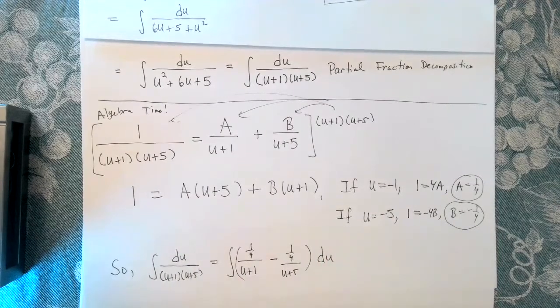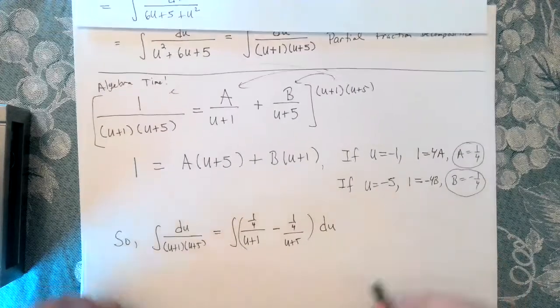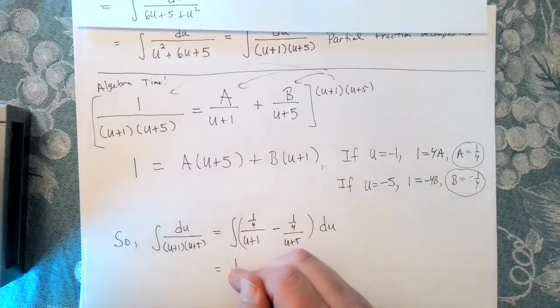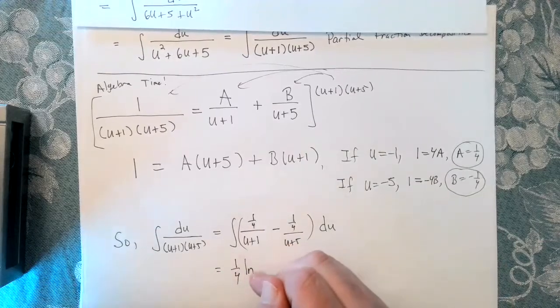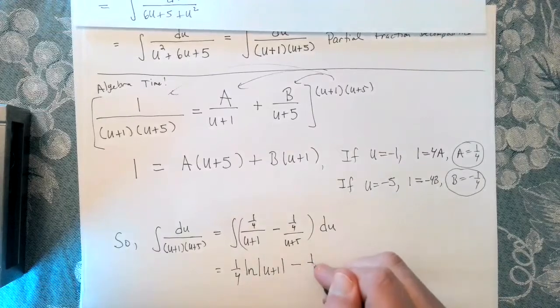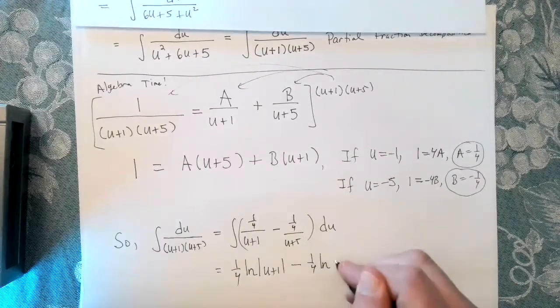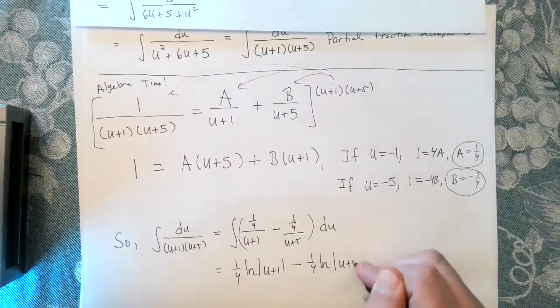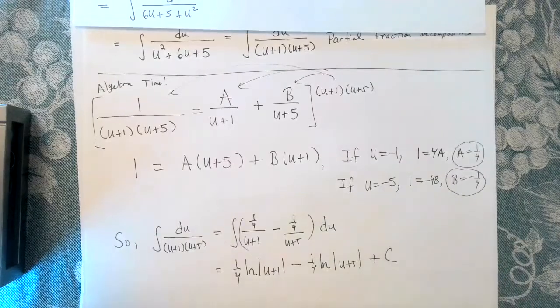So I'm hoping at exactly this point you recognize some natural log forms because the variables in the denominators are to the first power. So that means I've got 1/4 times the natural log of absolute u plus 1 minus 1/4 times the natural log of absolute u plus 5, of course, plus C.